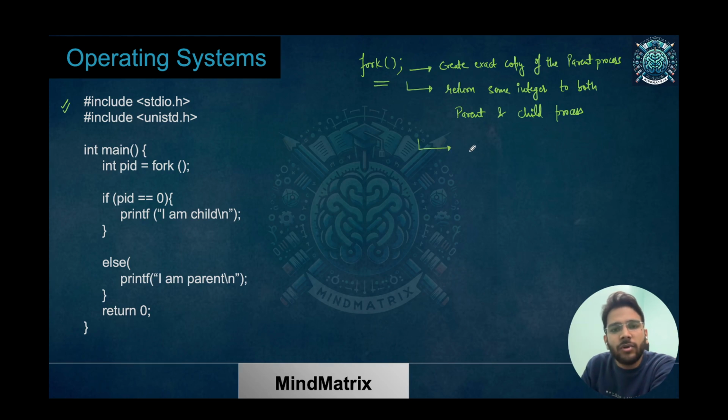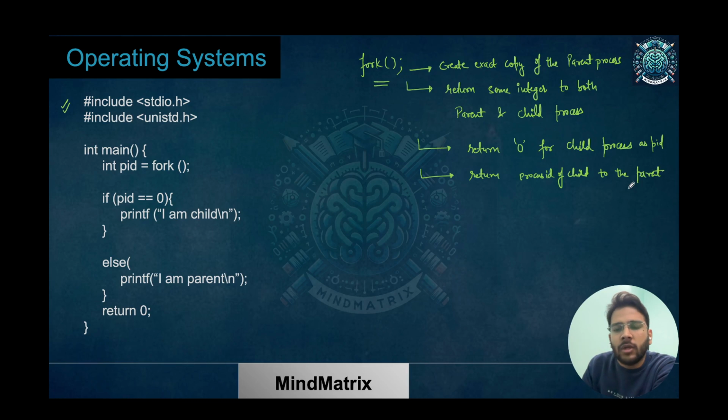And what value does it return? Basically, it is going to return 0 to the child process as PID, and it is going to return some non-zero value, the process ID of the child, to the parent process.